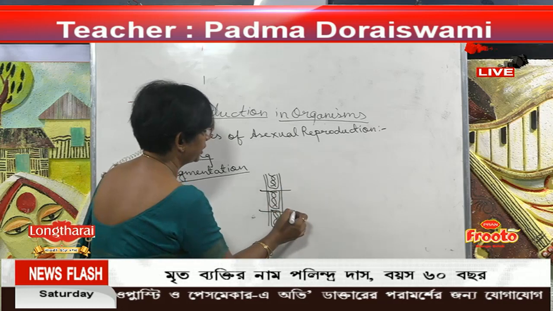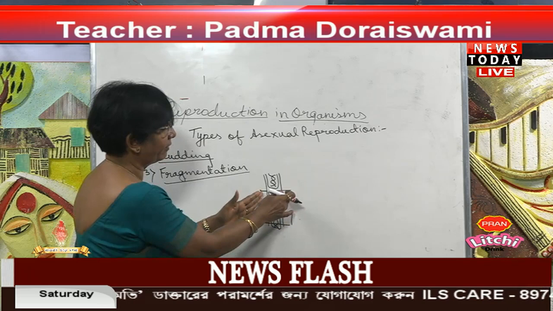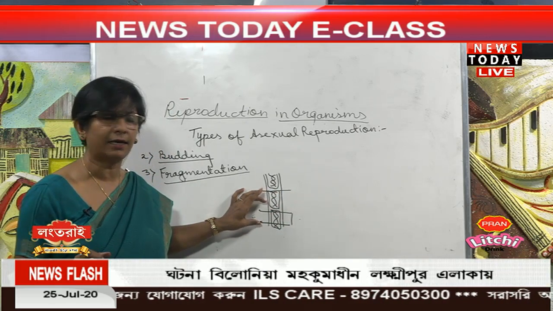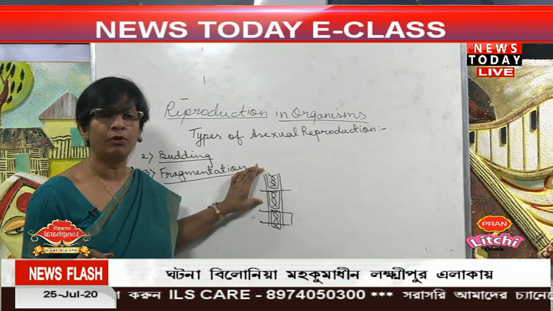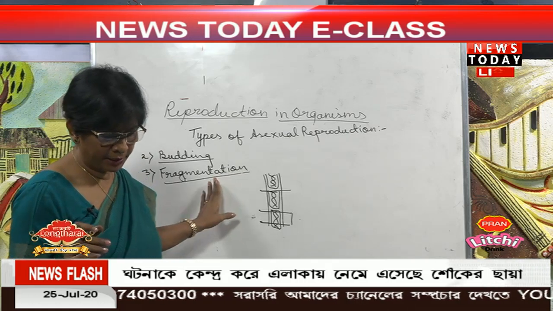If this portion or this one breaks down, it develops into a new one; whatever the deficient part is grows into a full one. This is what we call fragmentation.